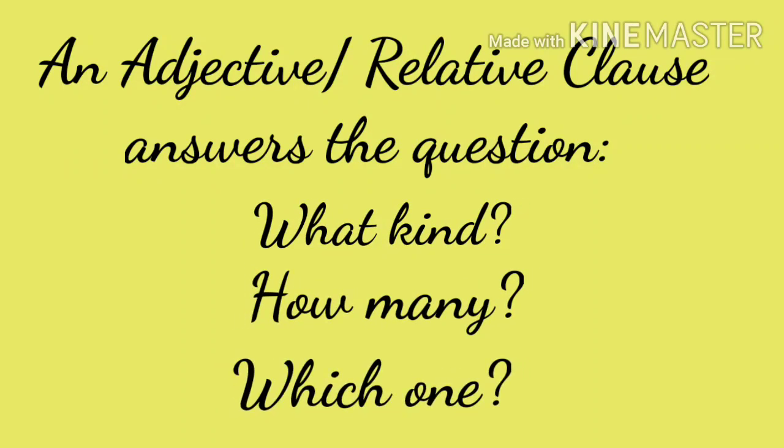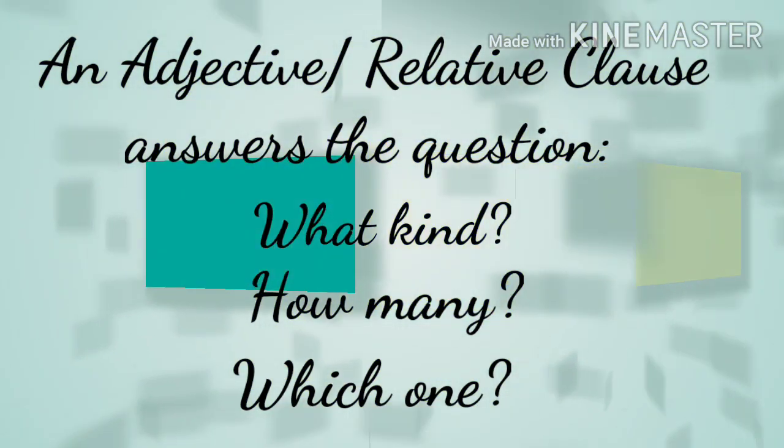All right, so the clause answers the question what kind, how many, which one. र कुनै सेन्टेन्समा रहेको एडजेक्टिभ अथवा रिलेटिभ क्लजलाई यी प्रश्नको माध्यमद्वारा चिन्हित गरिन सकिन्छ र ती प्रश्नहरू हुन् what kind, how many, which one. भन्नुको मतलब एउटा एडजेक्टिभ अथवा रिलेटिभ क्लजले यी प्रश्नहरूको उत्तर दिन्छ.